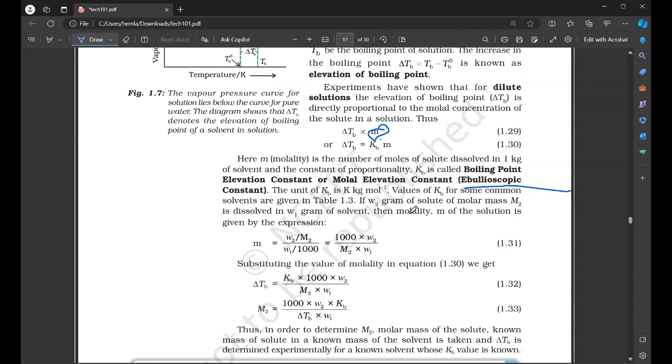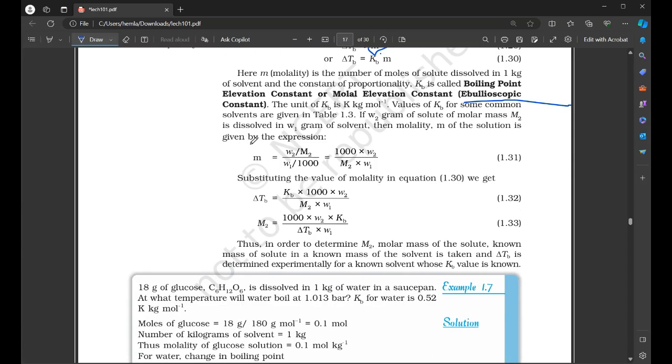If W2 gram of solute of molar mass M2 is dissolved in W1 gram of solvent, then the molality m of the solution is given by this expression. Using this expression, if we substitute this value of m, then we can find delta Tb, and we can easily find the value of M2 by rearranging.